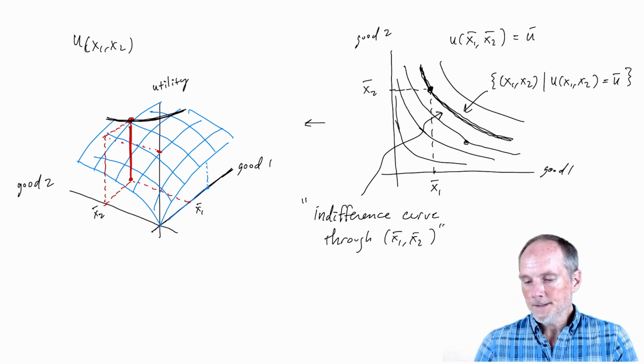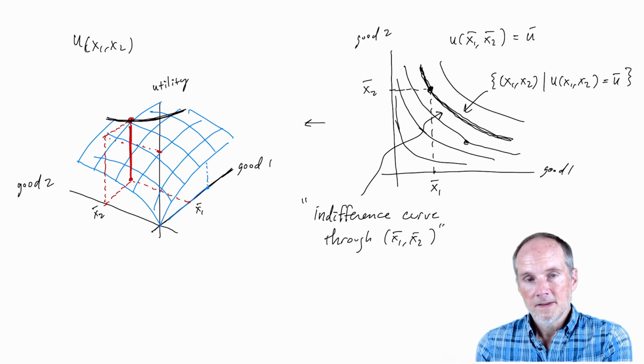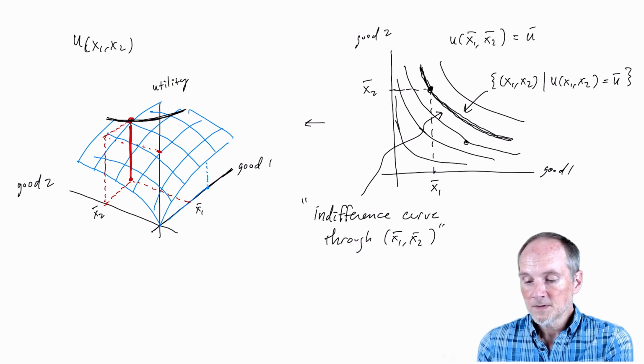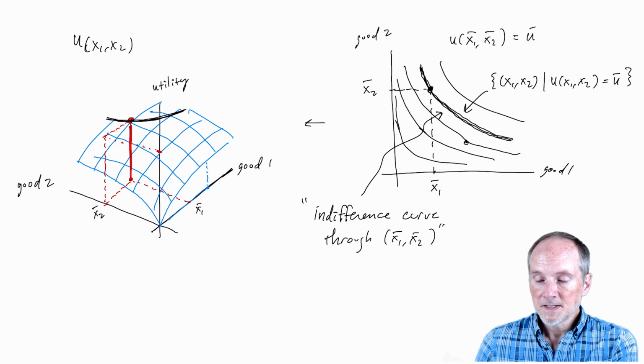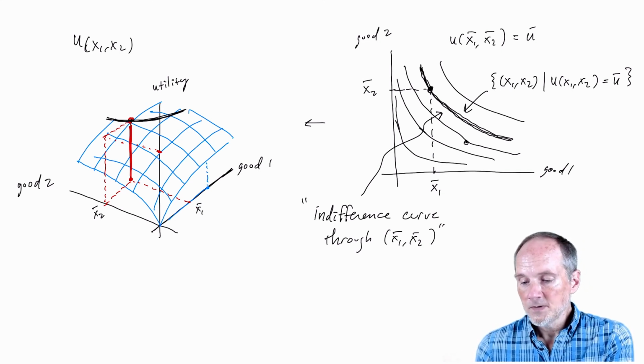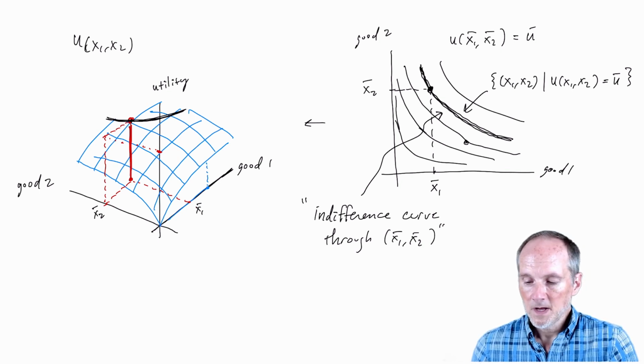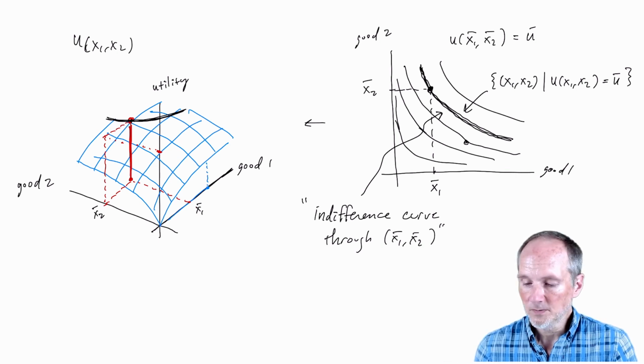But anyway, if you look at this collection of indifference curves, even though you can't see the utility directly like you can in the 3D picture, this gives you an idea of the consumer's preferences. This is really the standard kind of picture that we would use, and in multi-dimensional choice models, that's what we'll be drawing.